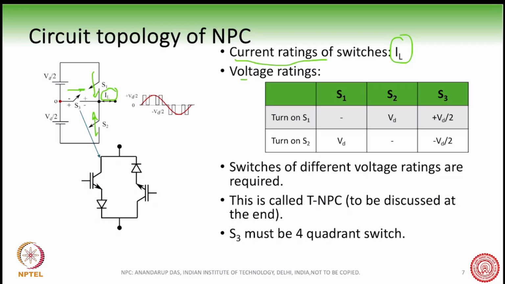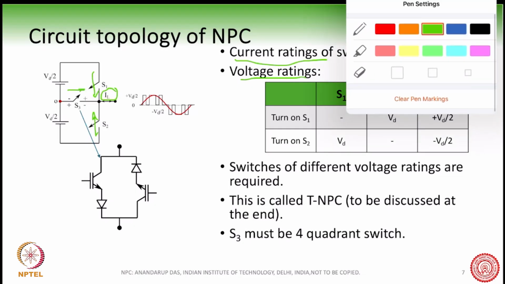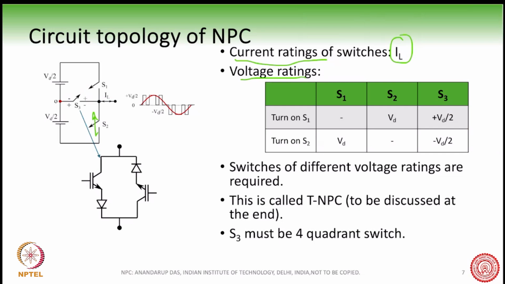What about the voltage rating? To understand the voltage rating, you have to see what is the voltage which gets applied across the switch when you turn it off. Suppose this switch is on. In that case, the voltage which needs to be blocked by S2, you can see here this voltage with the positive sign here, is getting applied across S2.